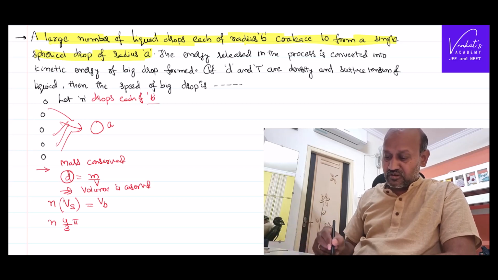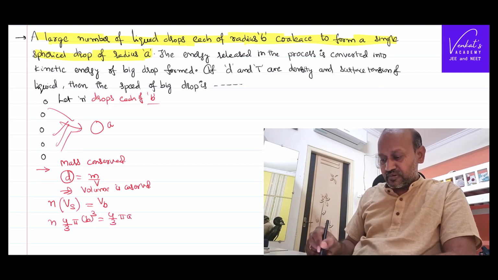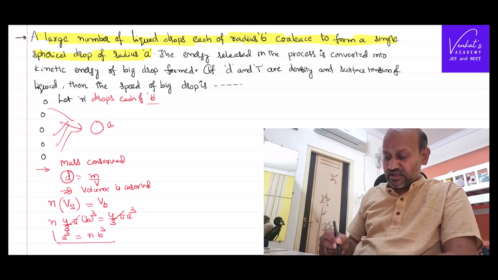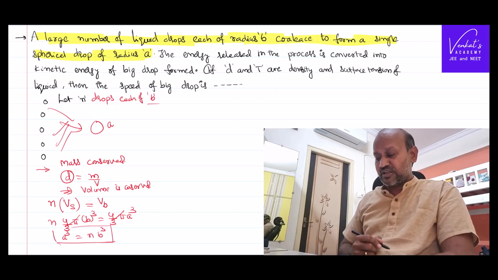Radius of each small drop is b. So n times 4 by 3 pi b cube is the volume of the big drop, 4 by 3 pi a cube. So 4 by 3 pi can cancel. So a cube equals n into b cube. That's one relation we have got: a cube equals n into b cube.